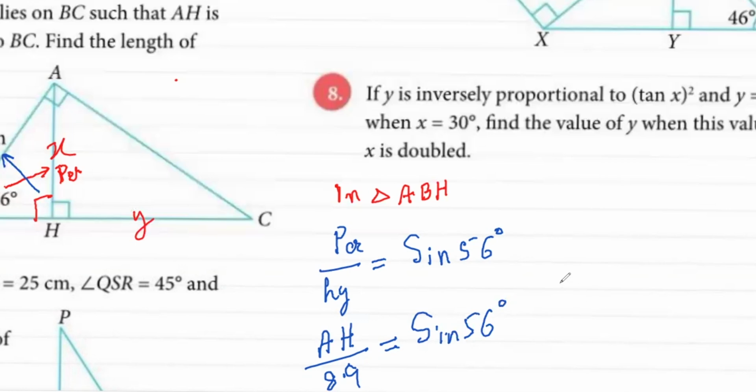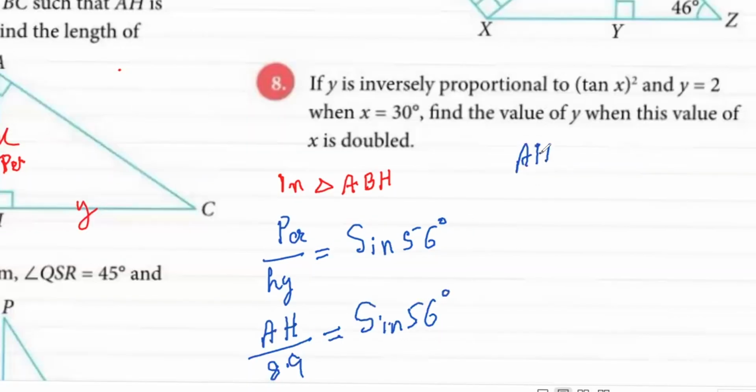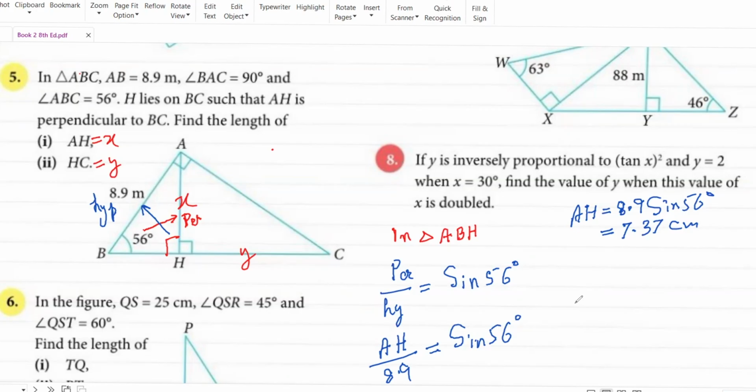So from here, AH is equal to 8.9 into sine of 56-degree, or 7.37 centimeter. So here you can see that AH is this. Now HC. Now you can see that in the triangle, now we are considering the next triangle AHC.